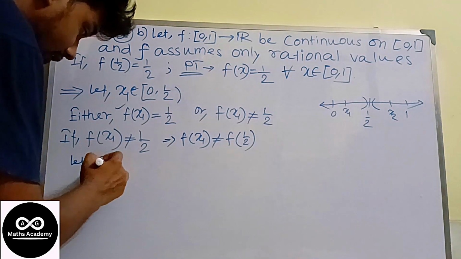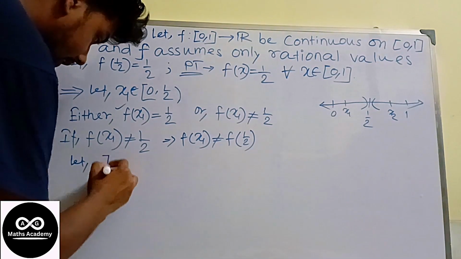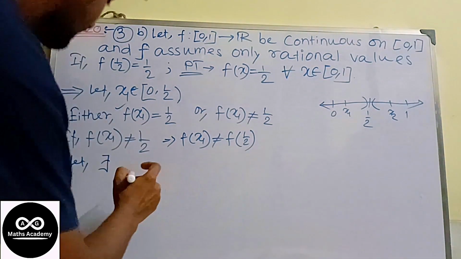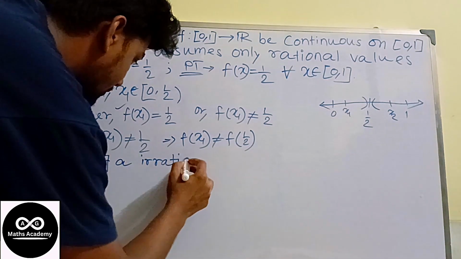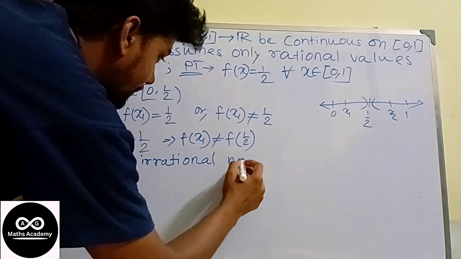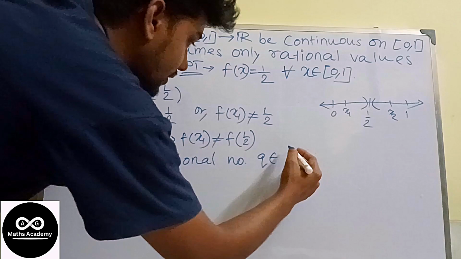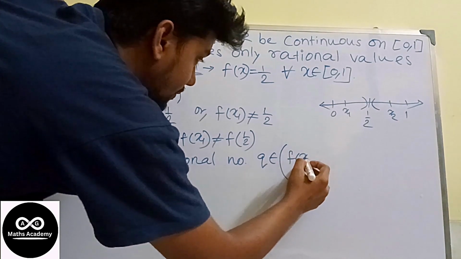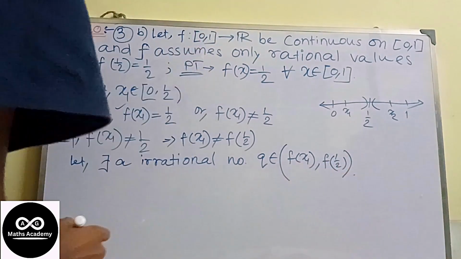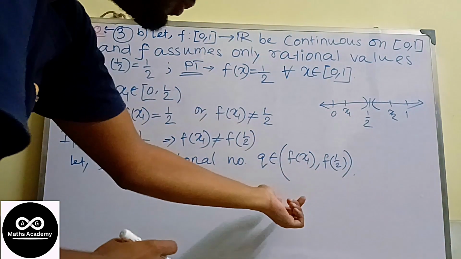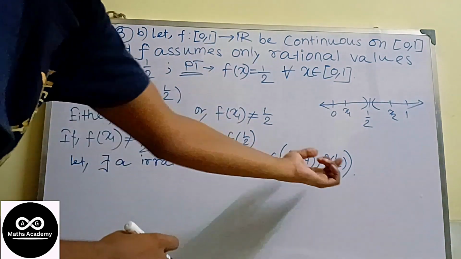So let there exist an irrational number q which belongs to the open interval between f of x1 and f of half. So q belongs to this interval.